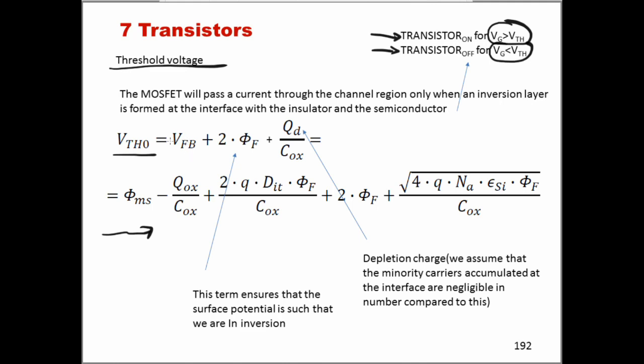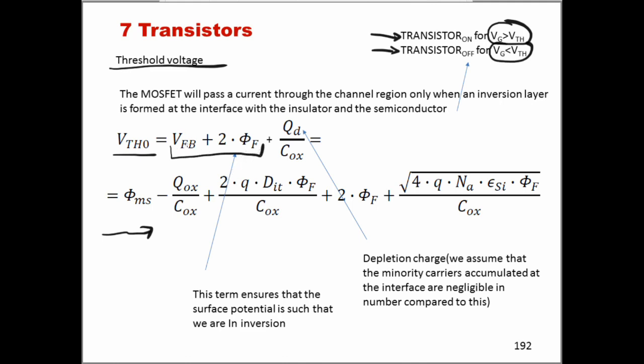So this means that using what we know already from what we did on MOS capacitors, we can say that the inversion layer in the capacitor will be generally generated if the potential applied on the gate of the device is VFB plus 2VF.